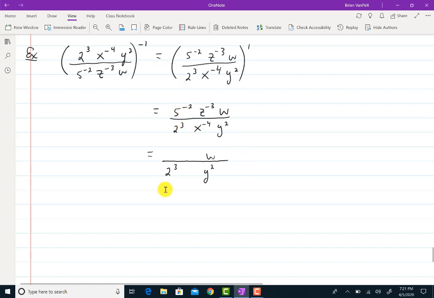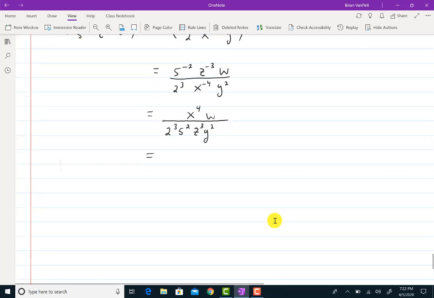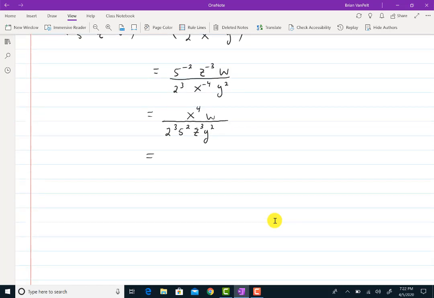So the 5 to the negative 2 has to come down to the denominator to make it a positive 5 squared. The same thing happens with z to the negative 3. It has to change to the denominator to make it z to the positive 3. The x to the negative 4 will have to come up to the numerator to make it x to the positive 4. And this answer, as I mentioned, is correct.